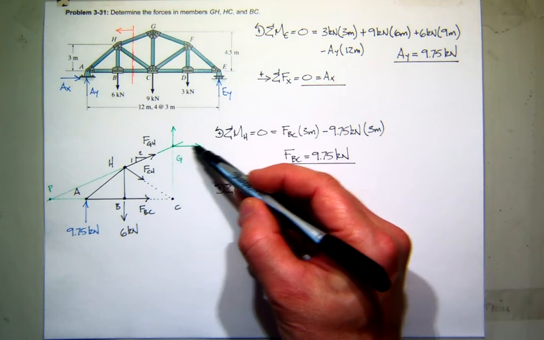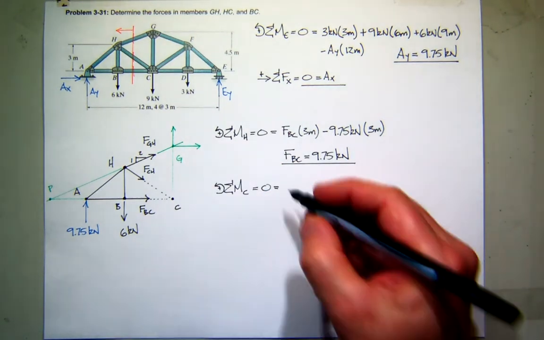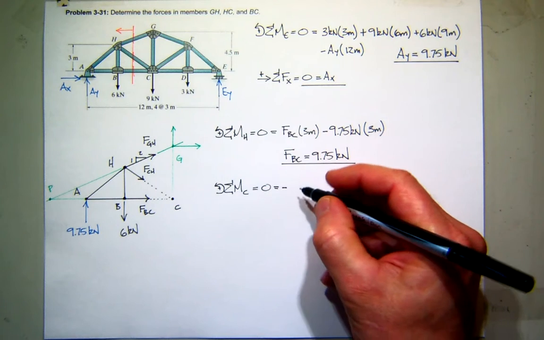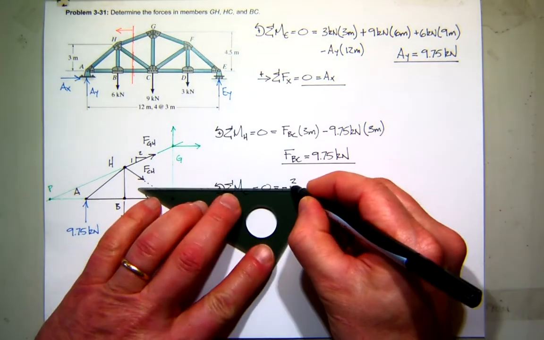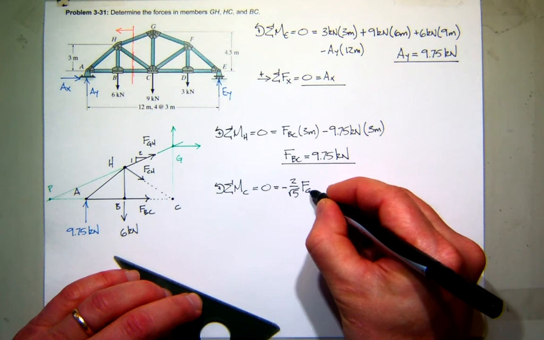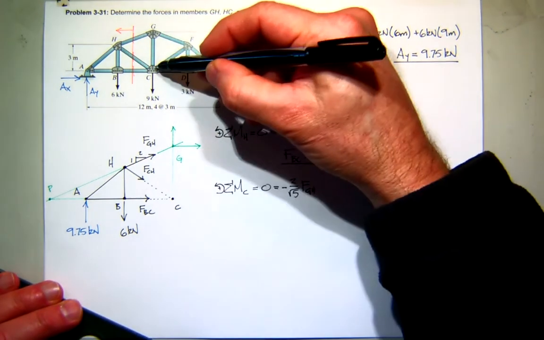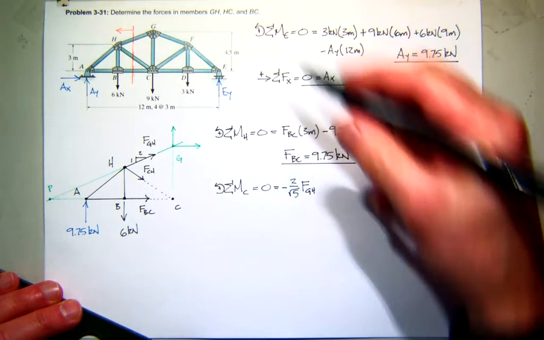Is that going to create positive or negative moment about C? Negative. So I'll have negative 2 over the square root of 5 times the force GH. And what's the moment arm there? That's this distance right here. 4.5.